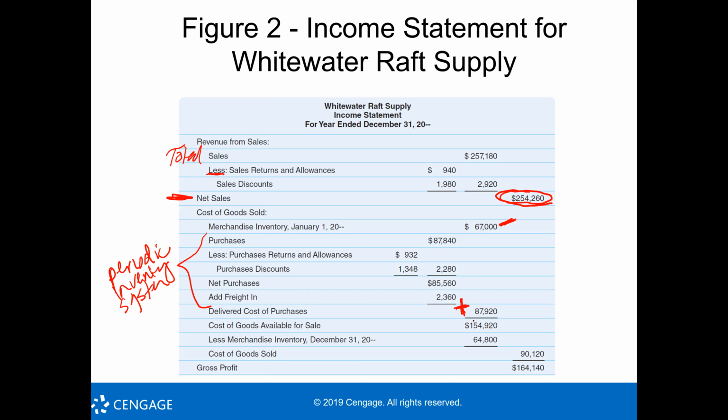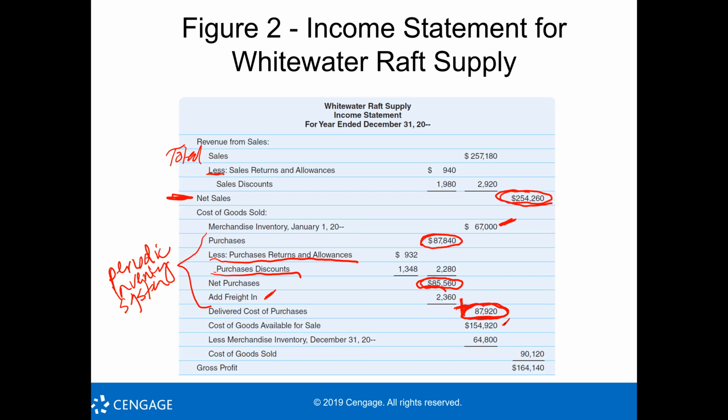That's our delivered cost of purchases because, and we talked about this in chapter 11 a bit, we take our purchases, 87,840, subtract purchase returns and allowances, subtract purchase discounts. That gets us to net purchases. And then we add freight in to get to the delivered cost of purchases, or the final cost of the purchases. And so we're taking 67,000 plus 87,920.